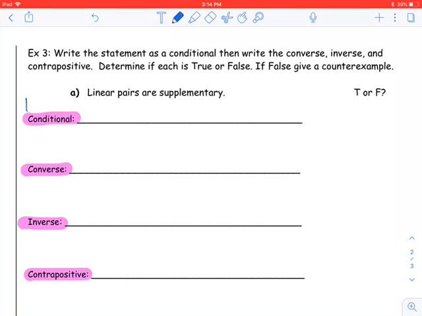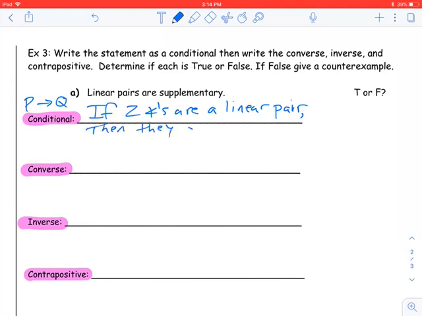Okay, so again, this first one is P implies Q. So if the first part, then the second part. So if, in this case, it's talking about linear pairs are supplementary. Okay, so I could say if 2 angles are a linear pair, then they are supplementary.